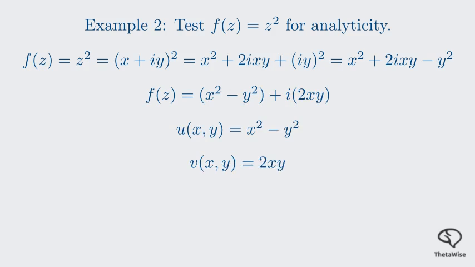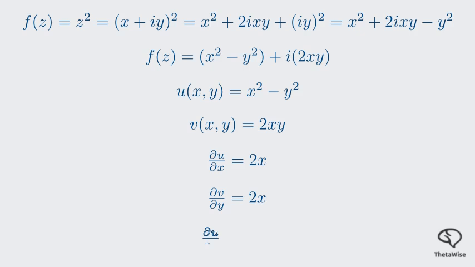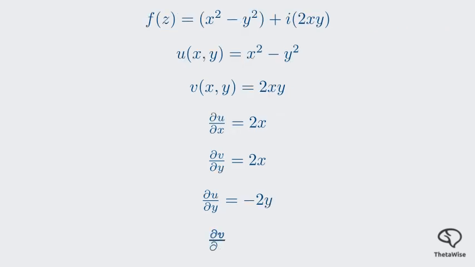Next, we find all four partial derivatives. The partial of u with respect to x is 2x. The partial of v with respect to y is also 2x. The partial of u with respect to y is negative 2y. And the partial of v with respect to x is 2y. Now we check the Cauchy-Riemann equations. Here we must be very careful with the second equation, which has a minus sign.